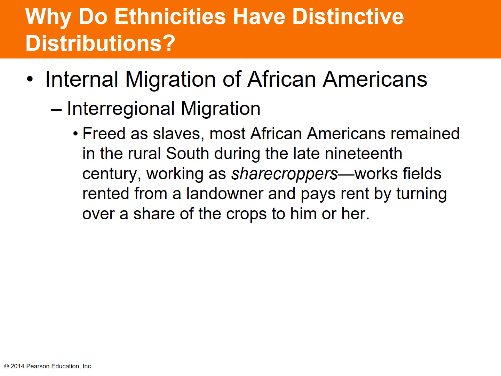Not a very good deal for the person doing all the work, and indeed this is how much of the South operated. The majority of farmers in the South during this time, both white and black, were sharecroppers.